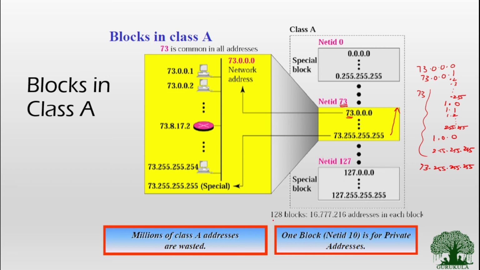So totally you have 128 blocks in class A, and in each and every block you have these many addresses. So now I think you can visualize numerically how many addresses are there in class A alone. Next, one thing to keep in mind is that only one block, net ID 10, is kept for private addresses.